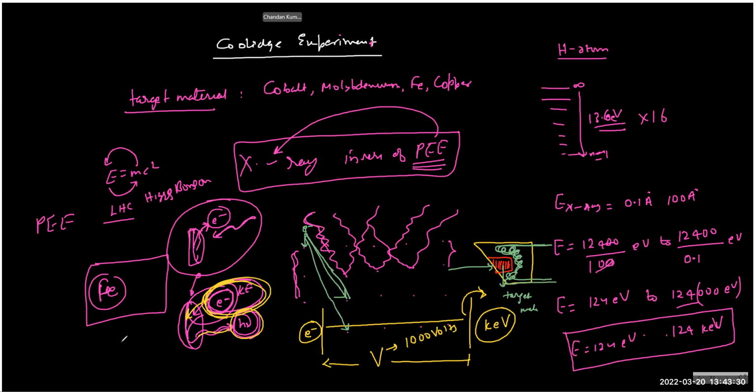And what happens is that this happened from the cathode ray discharge tube experiment actually, and it was later performed by Coolidge as a proper setup, and we studied about Moseley's law in this chapter.